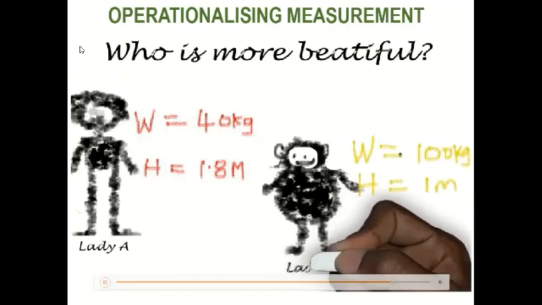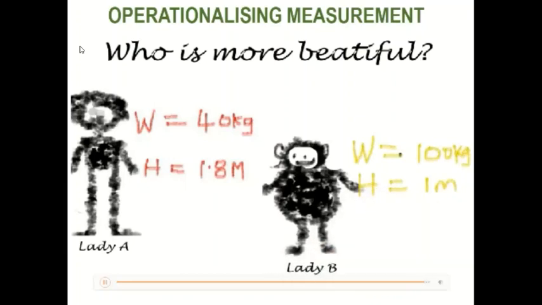And look at lady B, great, weight 100 kg, height 1 meter. Don't mind the diagram, but we want to use this to illustrate measurement. Who is more beautiful? I ask you. I will be expecting your responses in the comment section. But take a look at this. Is it Lady A that is more beautiful or Lady B? Lady A is tall, elegant, slim. Lady B, short, fat. So who is more beautiful?